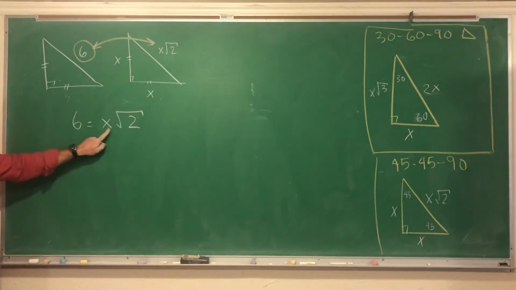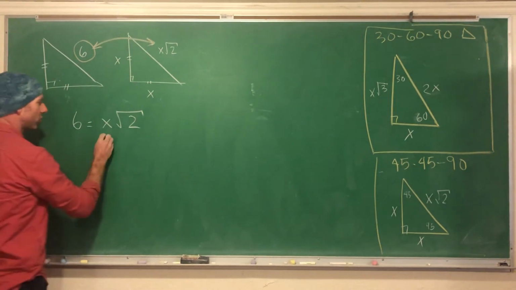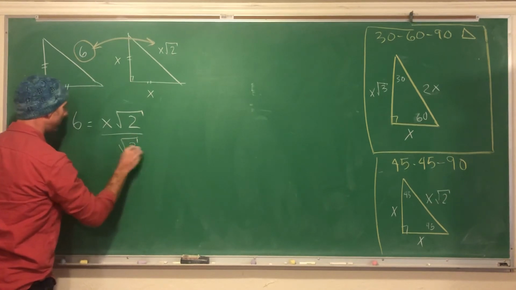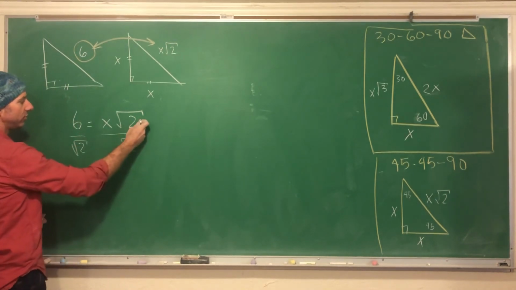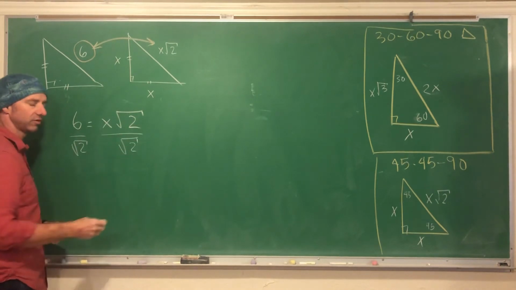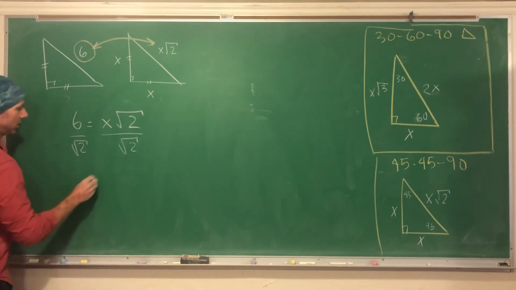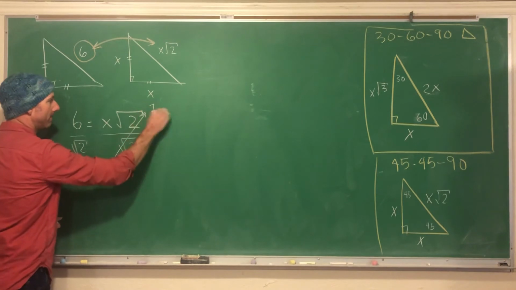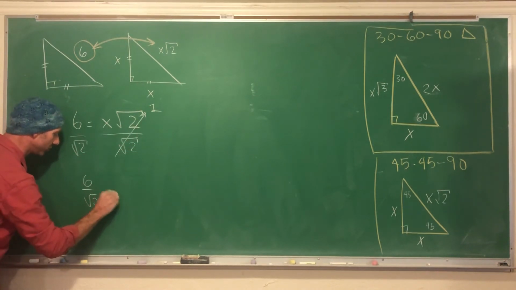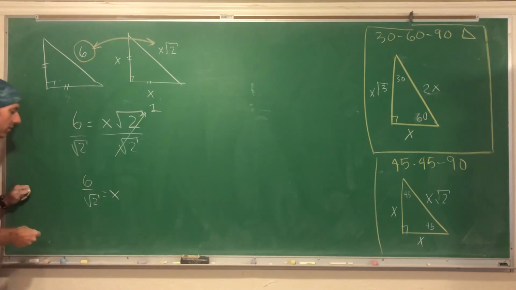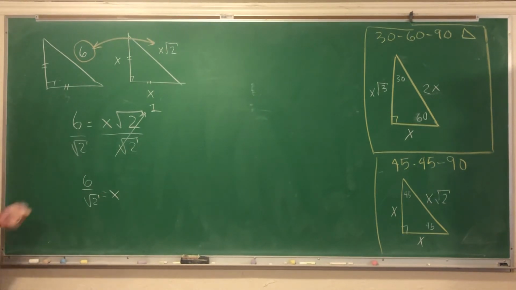Again, I need to get x by itself. I'm going to divide by the square root of 2. Square root of 2 divided by square root of 2 simplifies to 1. I have 6 over root 2 equals x. Yay!